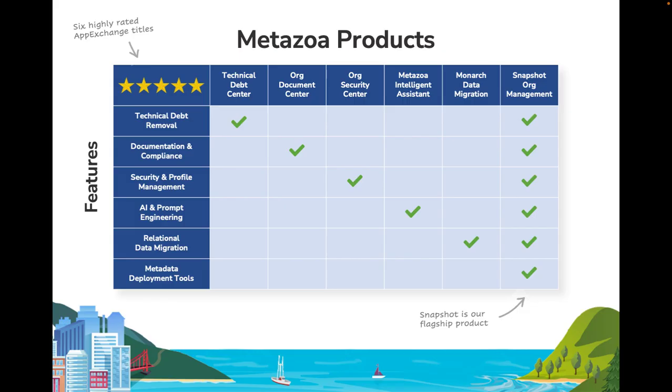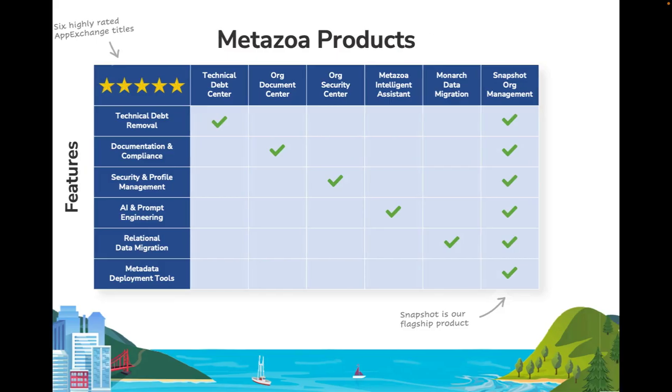We have a great prompt engineering platform for org transformation and prompt automation. We have great relational data migration technology to move connected sets of data between orgs. And lastly, we have metadata deployment tools that are used to maintain the org, but especially also for complex projects like org splits, clones, and merges.